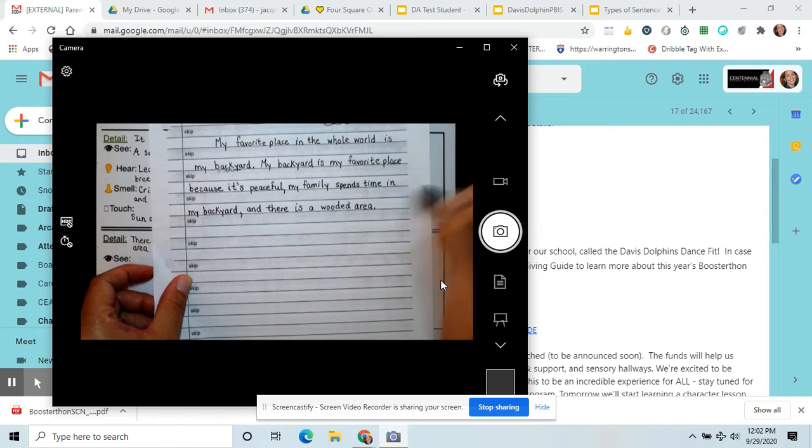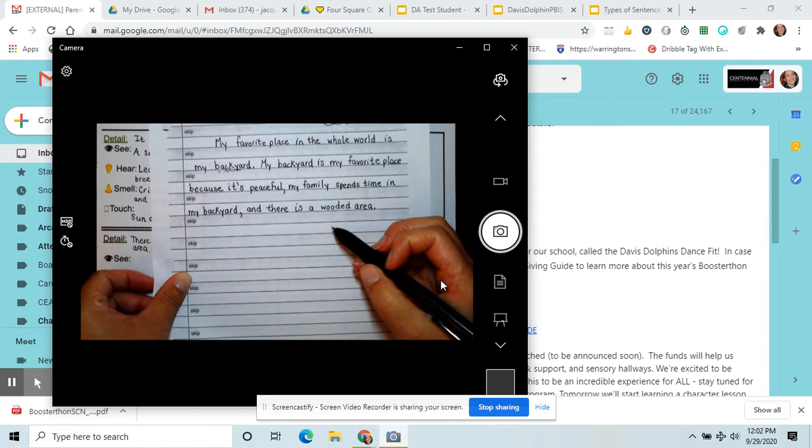Now, the goal of my first draft writing is to get my thoughts out on paper.